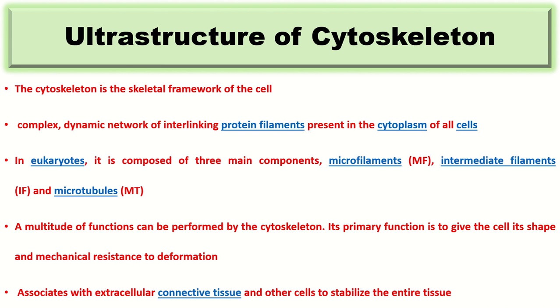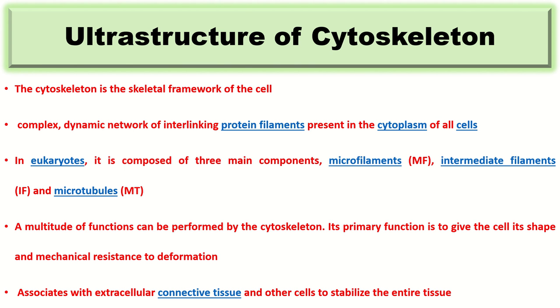The skeleton gives you a proper shape. It gives you strength. It gives you the power to resist mechanical force. Same thing applies to cytoskeleton. It gives proper shape to the cell and gives it the power to resist deformation.